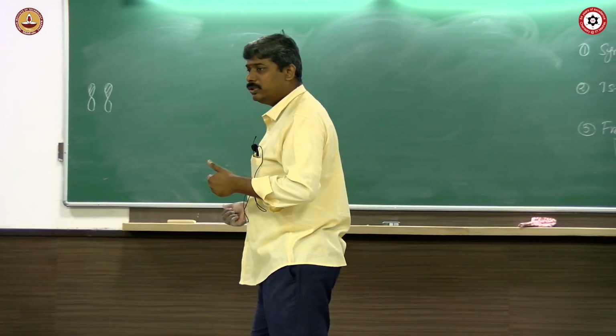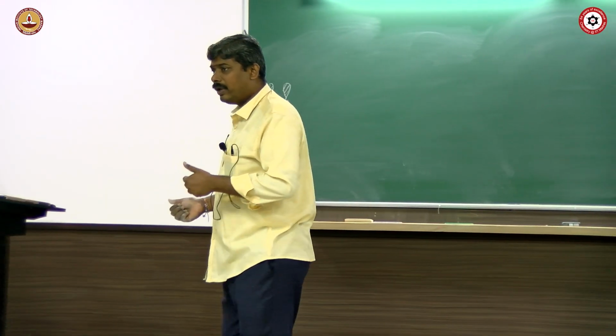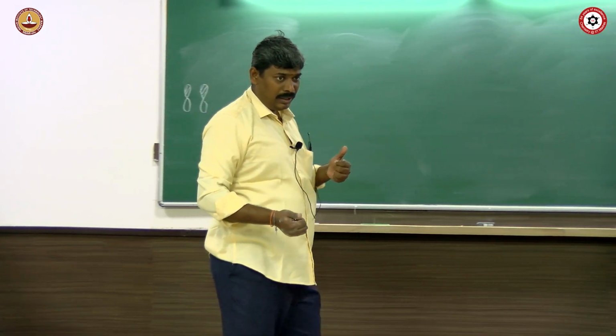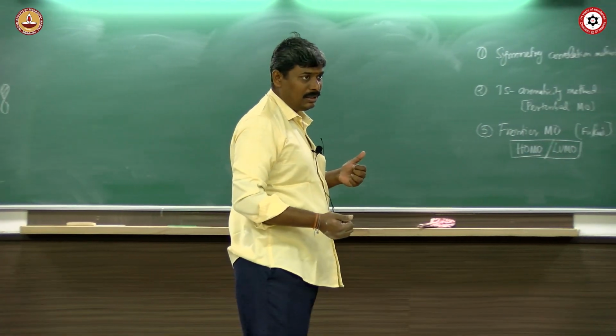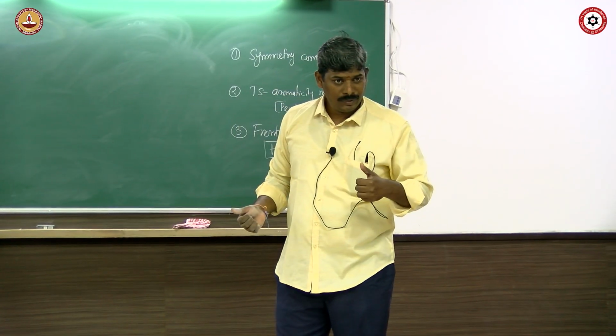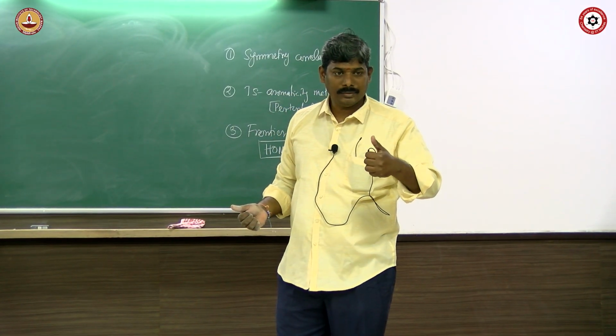And what are the other rules which you remember? If you have n atomic orbitals which you are interacting, if n is an even number, then n by 2 will be bonding and n by 2 will be anti-bonding.